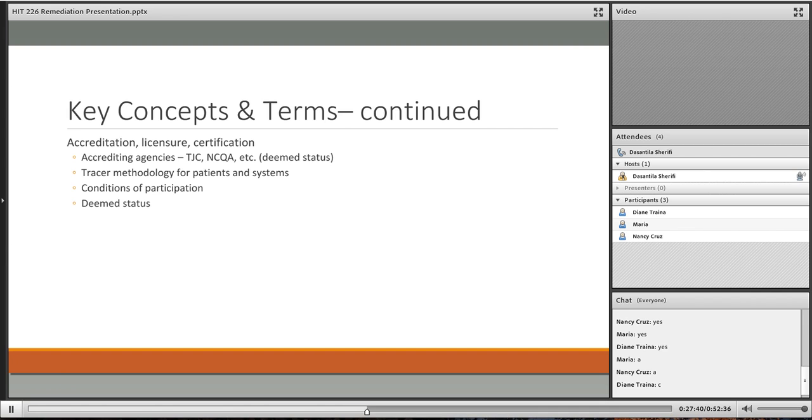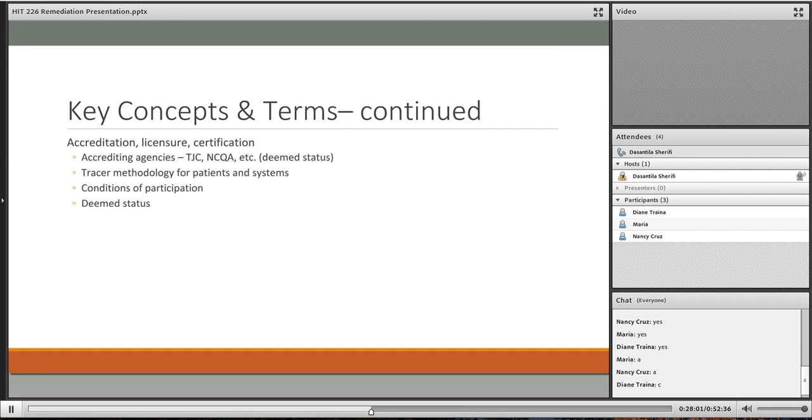In other words, Medicare is not going to make them go through another review, another certification process again. So that's a bonus. So let's say a facility is accredited by the Joint Commission and they also want to be certified by Medicare, Medicaid, they're automatically considered to have a deemed status and they get that certification.